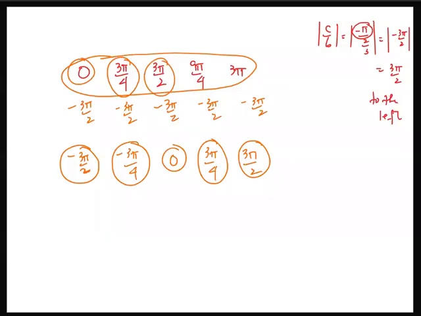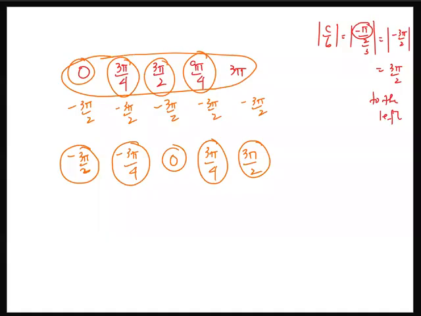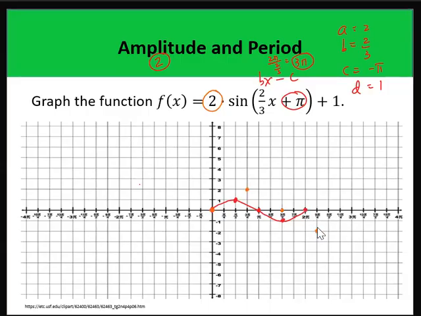And then when x is equal to 9 pi over 4, we should have negative 2. So this one is 9 pi over 4. So there should be negative 2. And then this is 3 pi.